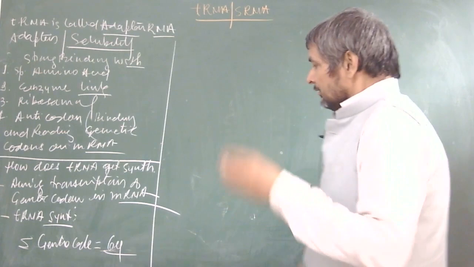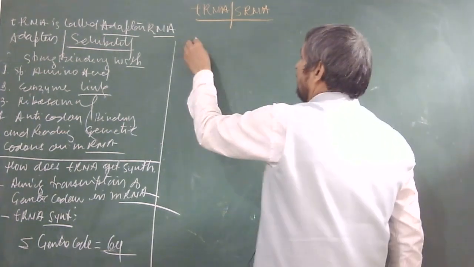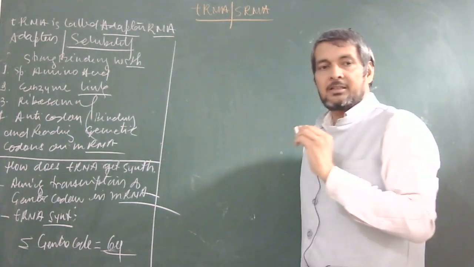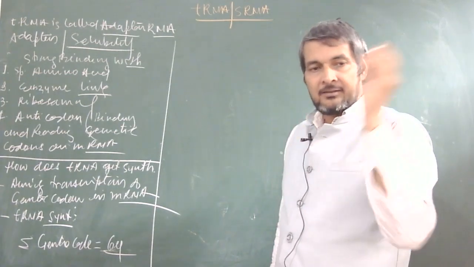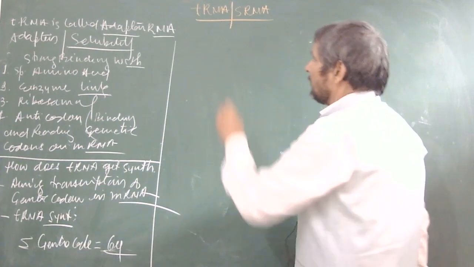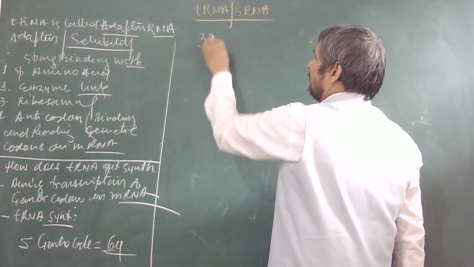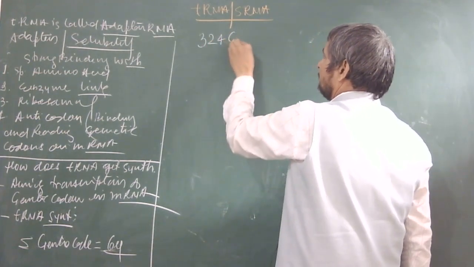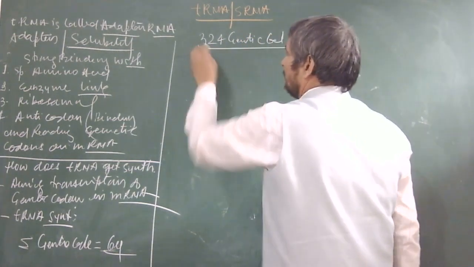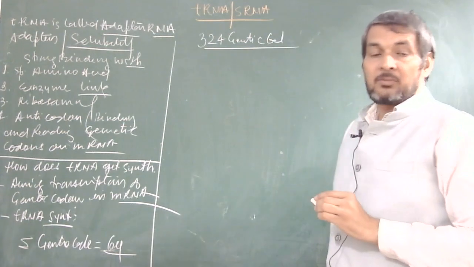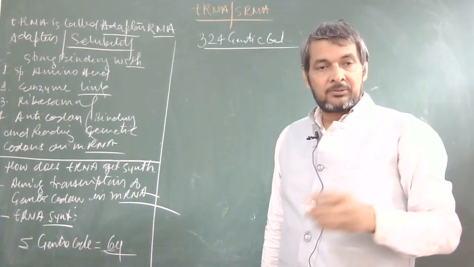Imagine that in the transcription, on the transcribed chain of messenger RNA, you counted 324 genetic codes. So what might be the possible number of transfer RNA?